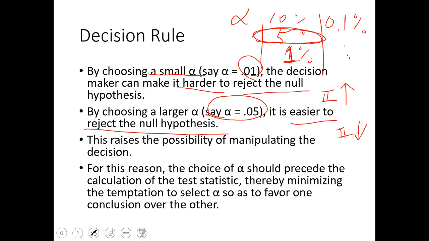But in finance, in risk management, many people use the 1% significance level. So it depends on the research area. Okay, but 5% is good. In many cases, people use the 5% significance level.